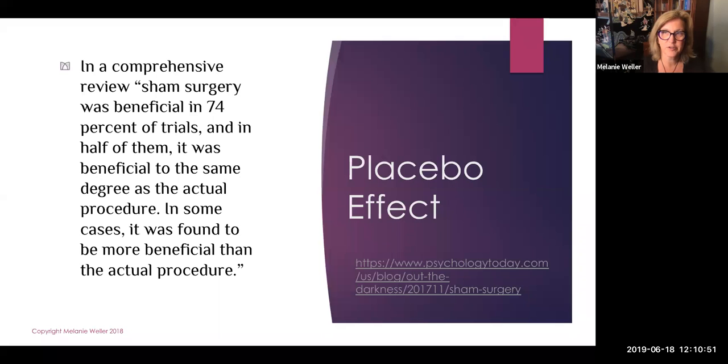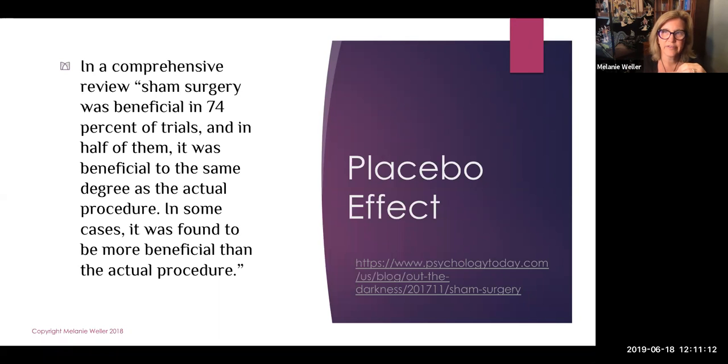So sham surgery across a lot of the literature, from back surgeries to knee surgeries to shoulder surgeries, very often makes people equally better or even better than those that underwent the actual surgical technique.